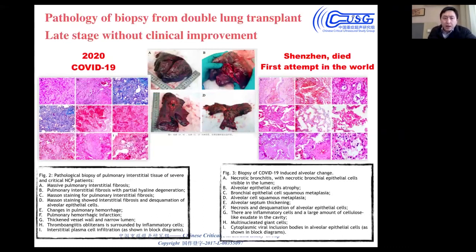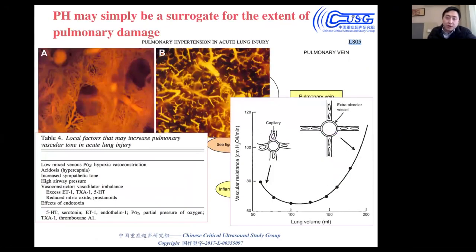Unfortunately, in the late stage biopsy of COVID-19 patients, we found heavy damage in the lung, including the vasculature and the other tissues of the lung. Also, we found other pathophysiological changes that may increase the pressure of the pulmonary vasculature.